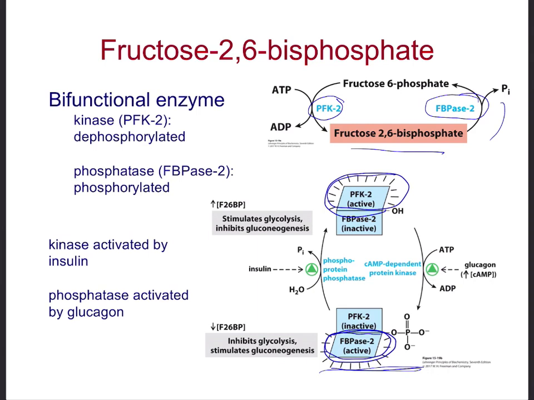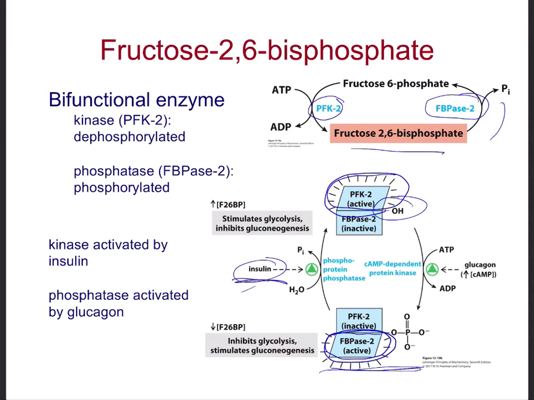Now, we convert this into the kinase form in the presence of insulin. So insulin is the activator here, whereas glucagon is going to activate the conversion to the phosphatase form. So ultimately what we see here is regulation by hormones.